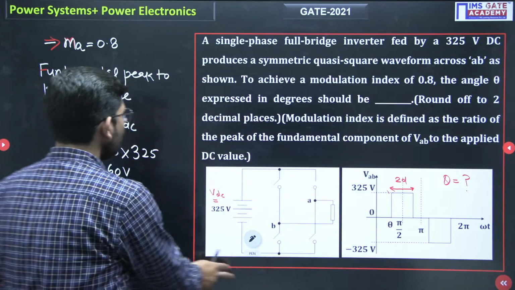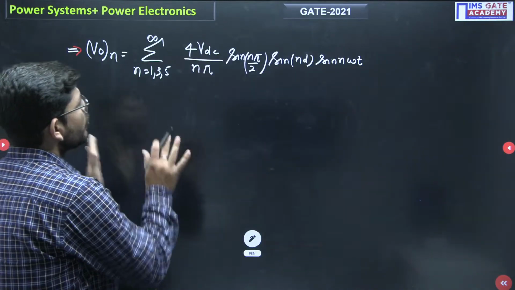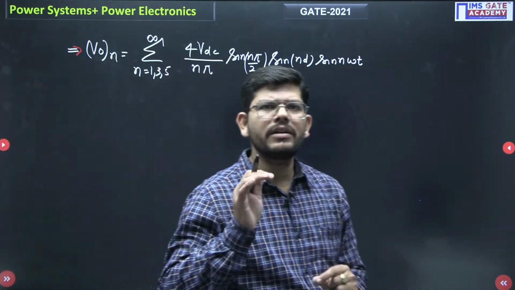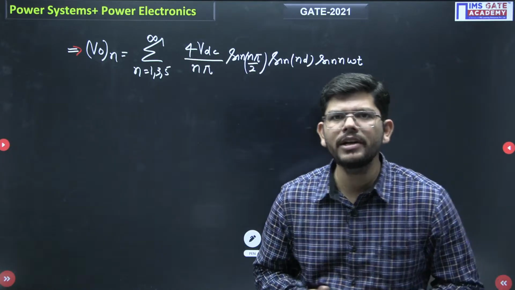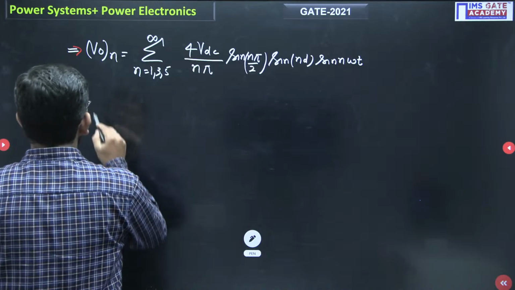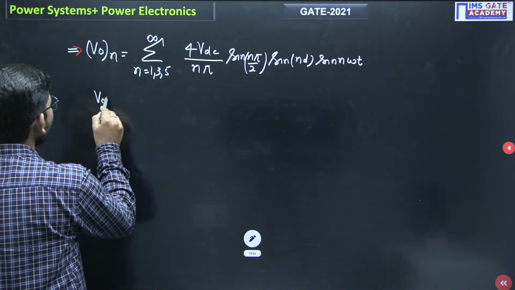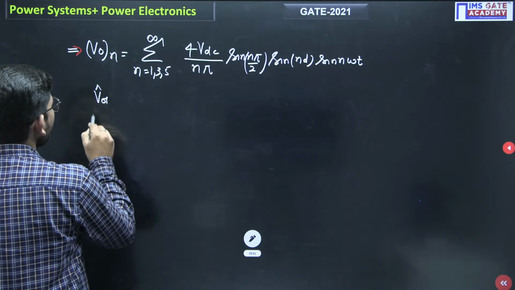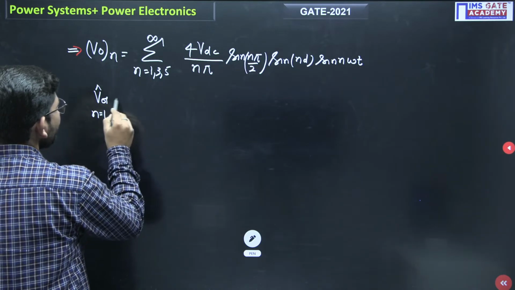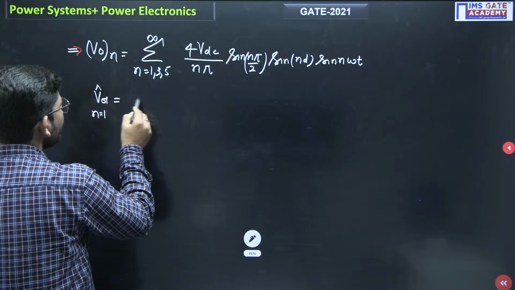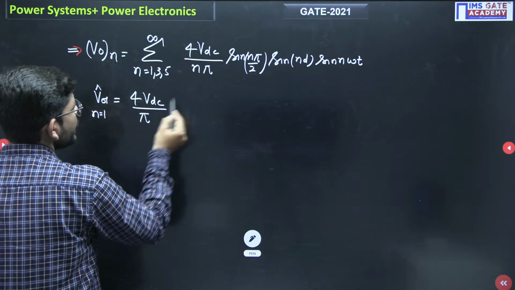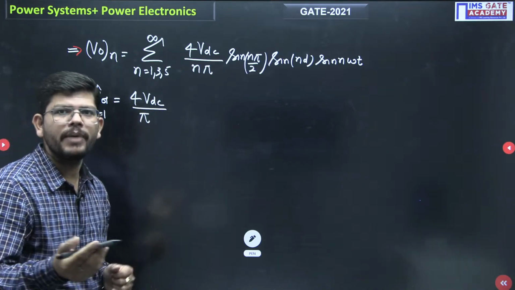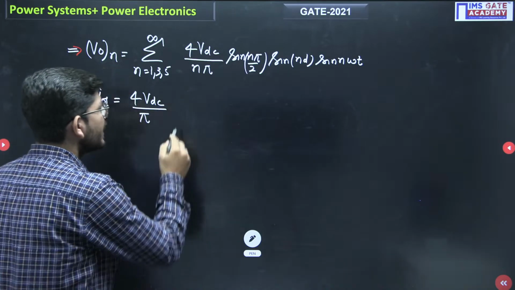Yes. Now from this formula, if we attempt to find the fundamental voltage, what could be the fundamental peak voltage? We have to put the n value to be 1 here. So you will get 4 VDC over pi, sine pi by 2, which will be 1, and sine d.